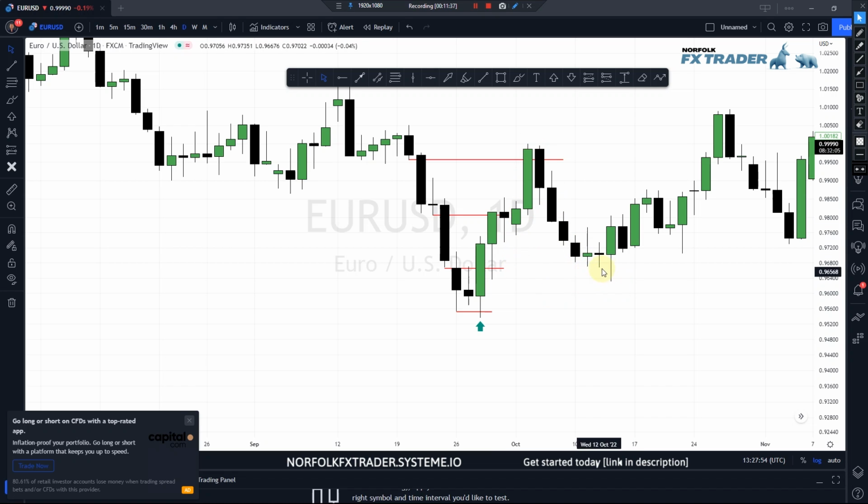So again, we then have this area here in the market, which I class as a double test low. So this is again another area I would look for that pin engulfing. This is better when we see this, but I would still use these as a valid reversal. Even this one here is still valid as a double low.